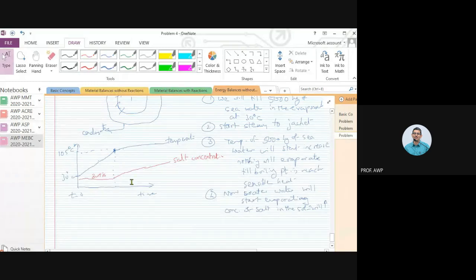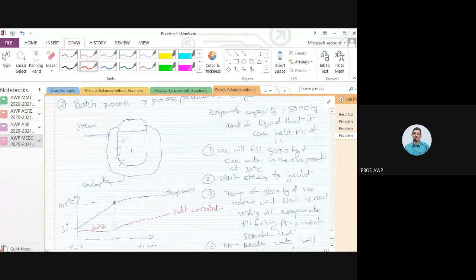Now as the water evaporates, what will happen to the amount of solution in the evaporator? Initially it was 5000 kgs. As water starts evaporating, what will happen to the amount of solution inside the evaporator? It decreases. Correct.